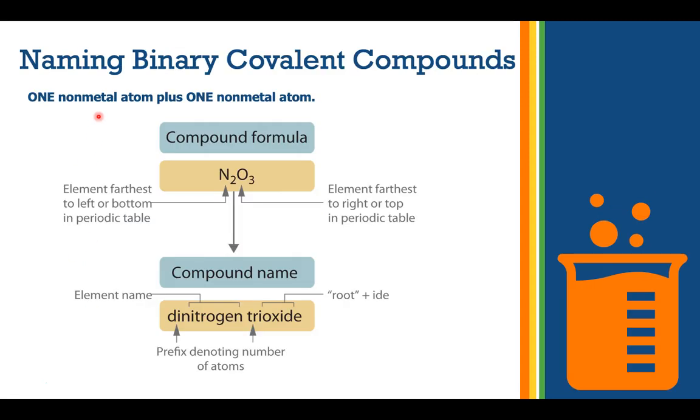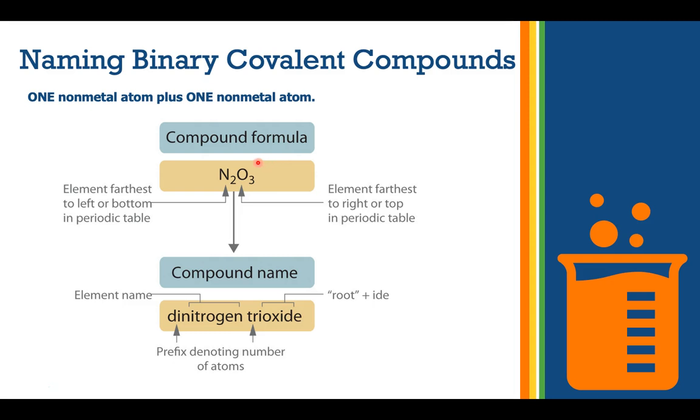All right, naming binary. Bi means 2, okay? Naming binary covalent compounds. 1 nonmetal atom plus 1 nonmetal atom. Remember, that can be a nonmetal or a metalloid. So here's the compound formula. This is the chemical formula, okay? Remember we looked at chemical formulas and structural formulas.